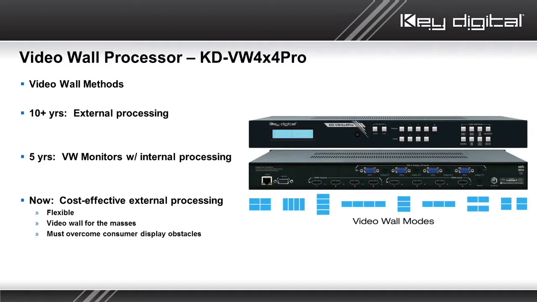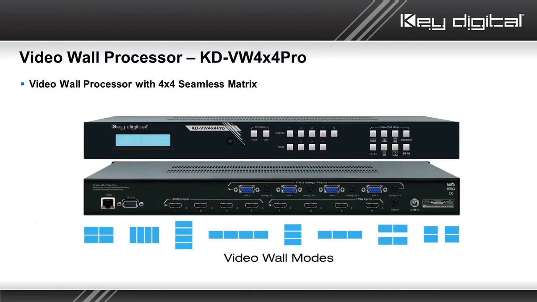But what you saw from our product was a higher quality image because of the engineering know-how here at KeyDigital, and a much, much more flexible product. Well, I'll tell you what I mean by that, which allows you to overcome using a consumer display as your video wall monitor. Yes, that's right.